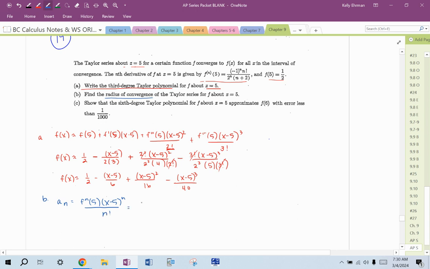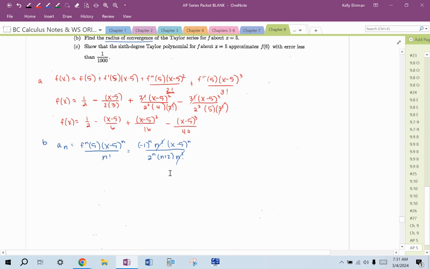And that's going to be negative 1 to the n times n factorial times x minus 5 to the n over 2 to the n times n plus 2 times n factorial. So the n factorials will cancel.